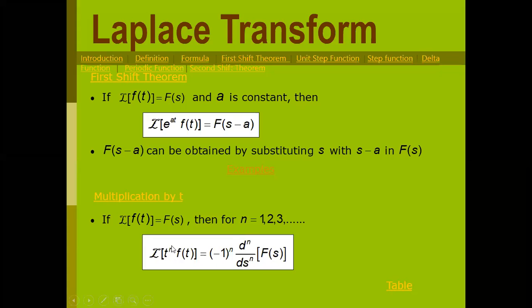Kalau T kuasa 1, T power of 1, so differentiate just first order. And don't forget minus 1 power of N. Kalau T power of 2, that means differentiate until second order and times with the minus 1 power of 2. Kalau if T power of 1, just differentiate for the first order and times with the minus 1 power of 1.